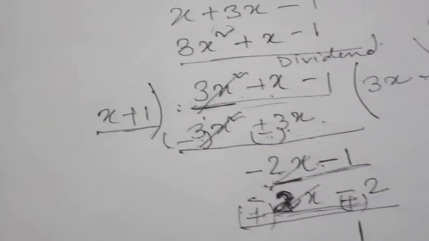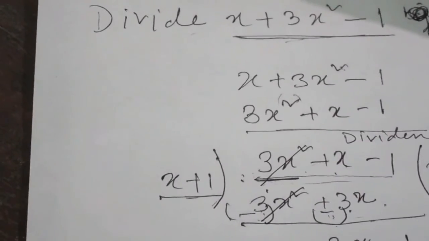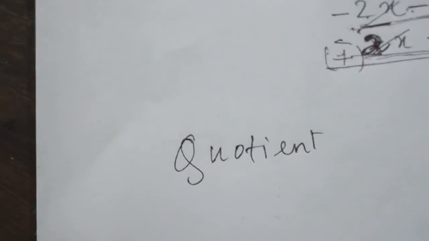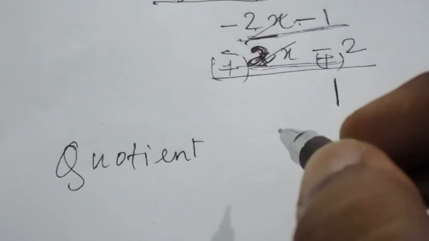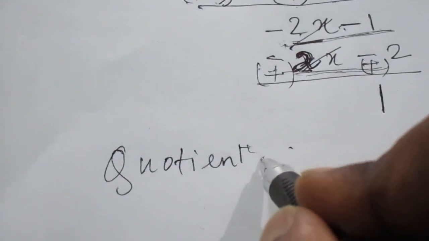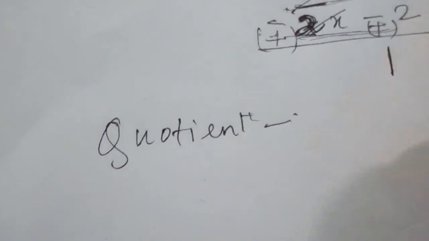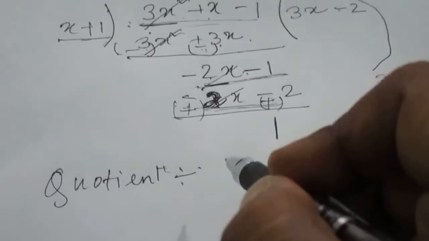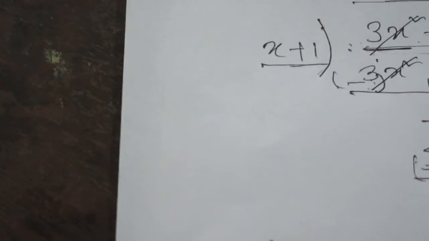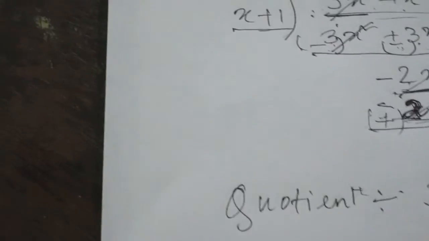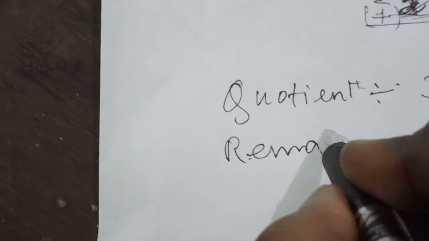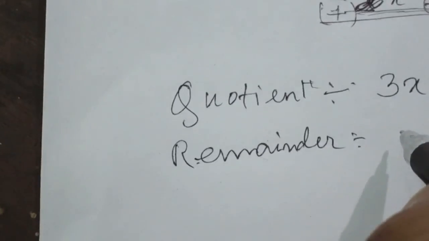So now the quotient we get is thrice x minus 2, and the remainder we get is 1.